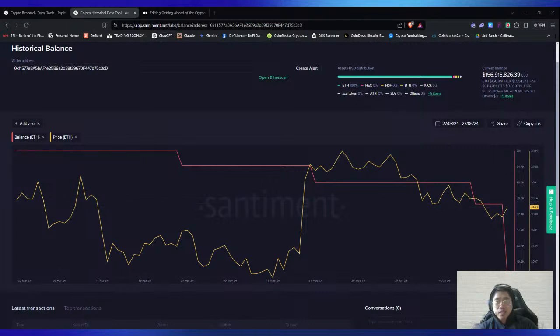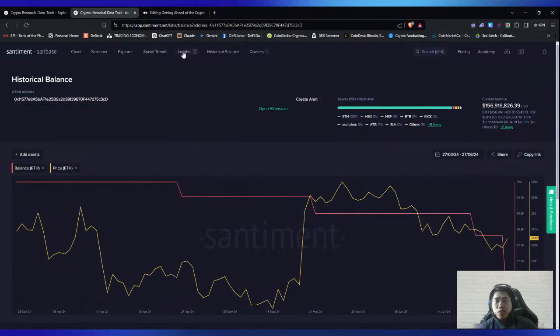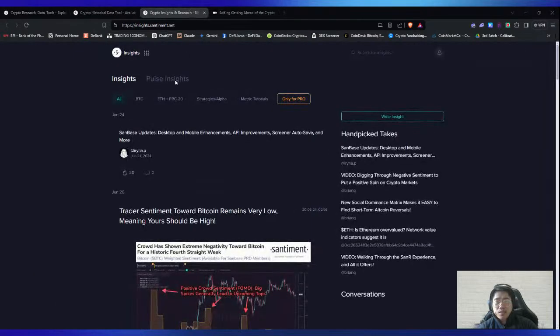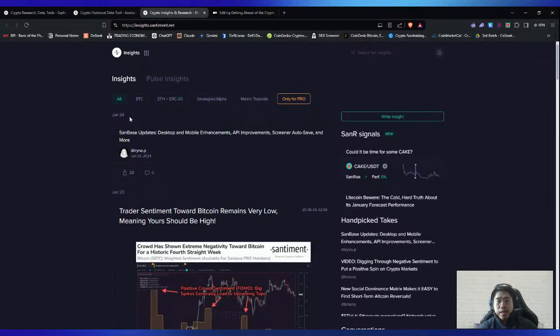Okay. Now another feature of Santiment here is Insights. If you are curious about what others might be thinking, or what the analysts of Santiment are thinking, then Santiment has an Insights tab where users are able to check the analysis of the Santiment team or even the members of the community using the parameters available in the platform.